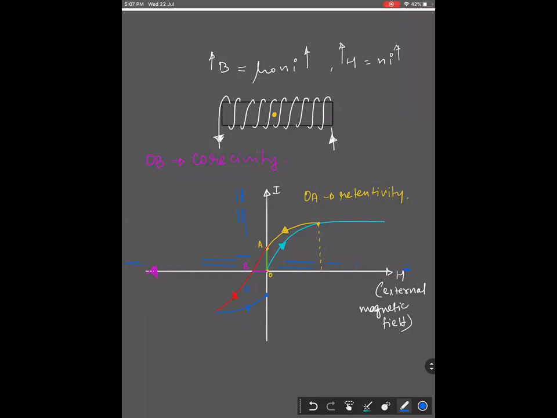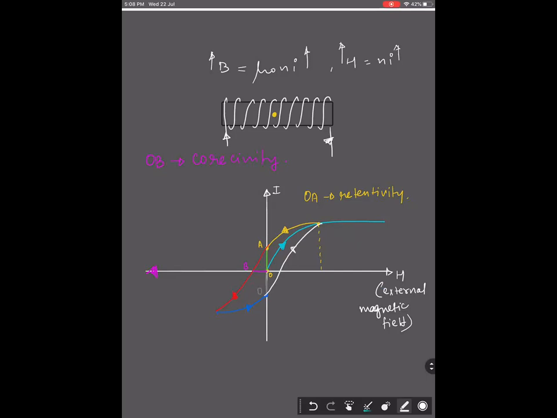Now suppose I want to eliminate this also, OD also. What will I do? Again, I will flow current in the same direction. Do you agree? Yes, sir. Again, I will flow current in the same direction, and we will observe that slowly the graph is reaching the same point.